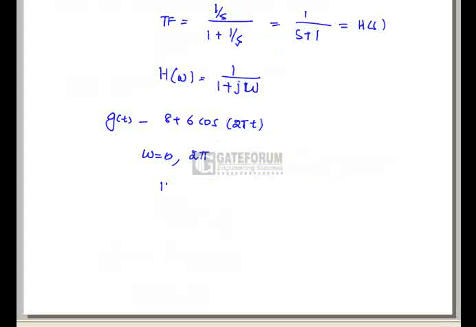Here H of 0 equals 1, H of 2 pi, that is omega equals 2 pi f, f is 1 Hz, so 1 by (1 plus j 2 pi).